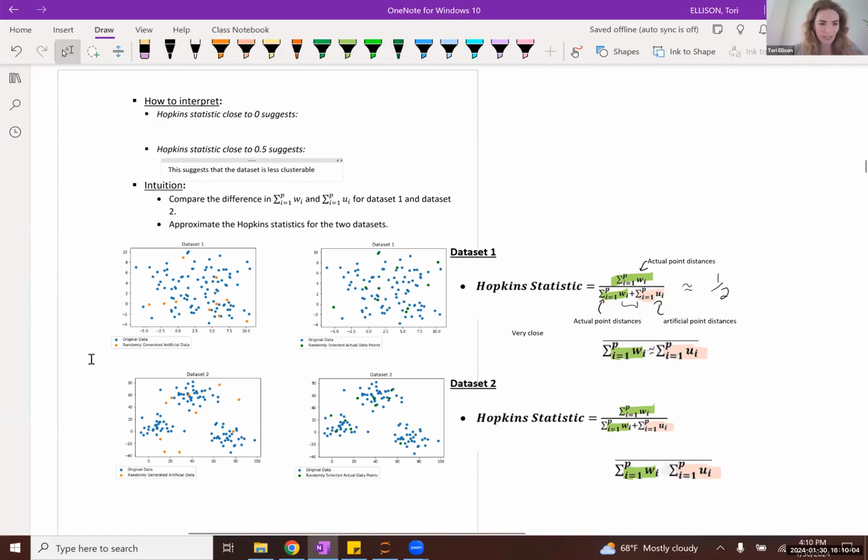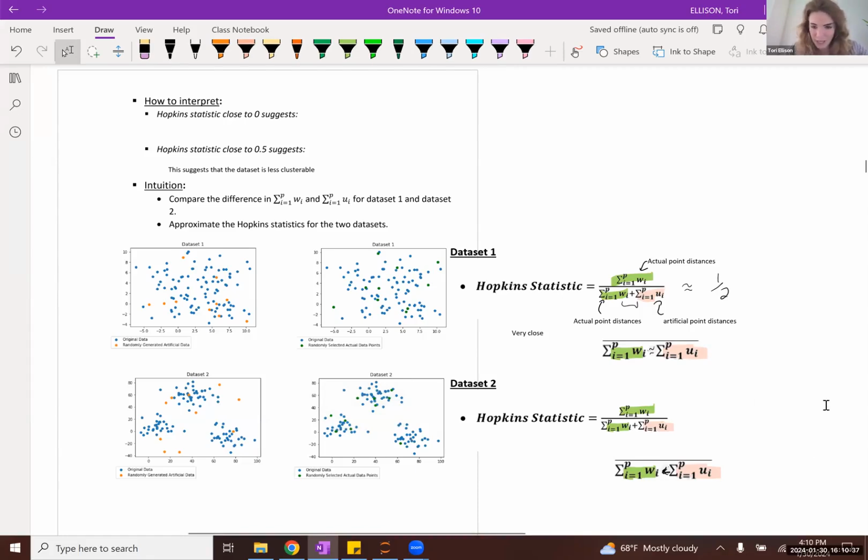On the other hand, we have data set 2, which we can see with our eyes is in fact very clusterable. Because of the gaps that exist within the window of points, or basically the range around the window of points, our artificial point nearest neighbor distances are going to be comparatively a lot larger than the actual point distances to their nearest neighbor.